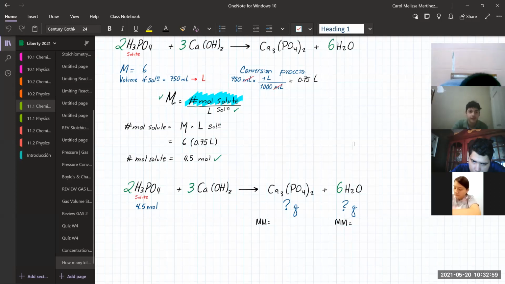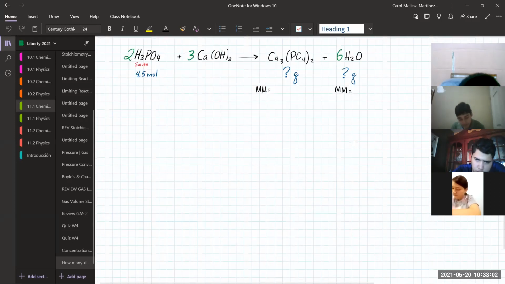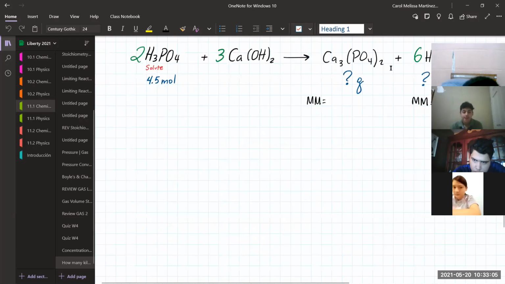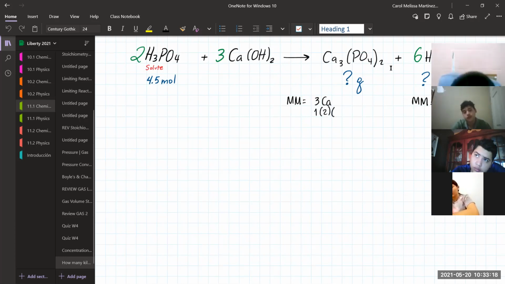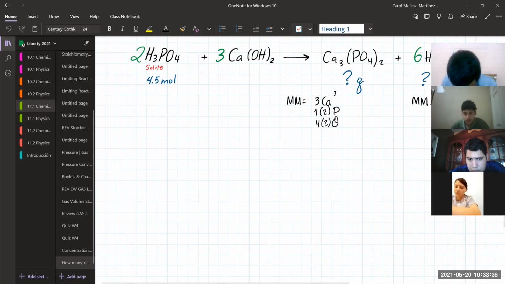So for calcium phosphate, the molar mass process, you already know it. I'm going to zoom in. To get the molar mass of calcium phosphate: calciums, 3 times, phosphorus 2 times, 4 times 2 oxygens. This is how you get the molar mass of calcium phosphate.